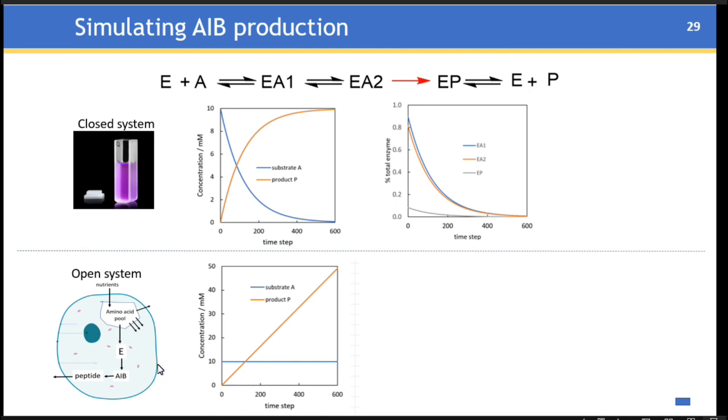So here, if we don't worry necessarily about the fact that the AIB would be increasing, if we just kept A constant here, that's A. Same rate constants and everything here, except that now we're saying that this is continually replaced. Well, what's going to happen is that this would crank out AIB forever at a constant rate.